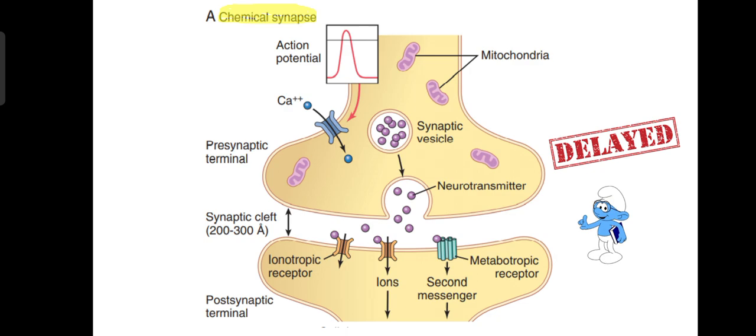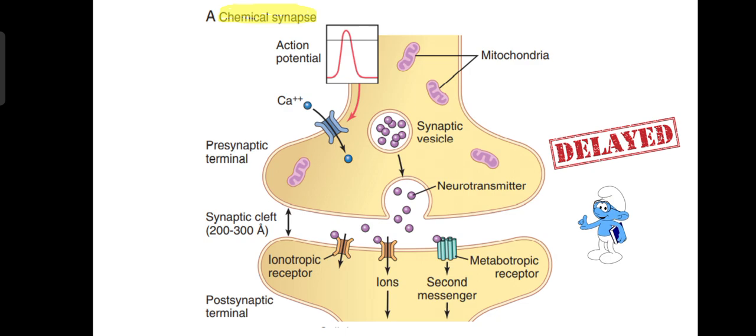A delay of hundreds of a second is needed from the action potential in the presynaptic terminal until it is formed in the postsynaptic terminal, which includes several steps: activation of the voltage-gated calcium channel, then a series of actions resulting in exocytosis of the synaptic vesicles, the release of a neurotransmitter, then moving through the synaptic cleft until binding to specific sites on the receptors, whether ionotropic or metabotropic, and then resulting in changes in the membrane potential and the formation of an action potential in the postsynaptic terminal.